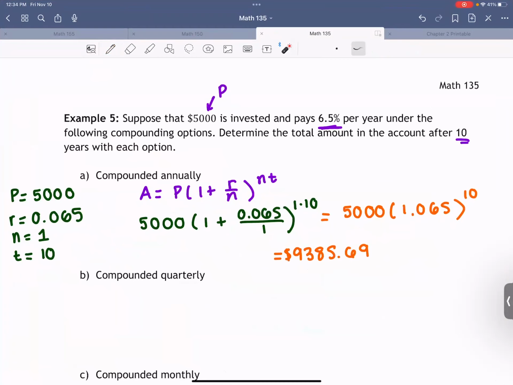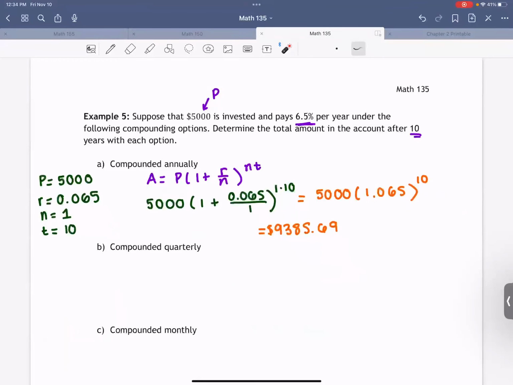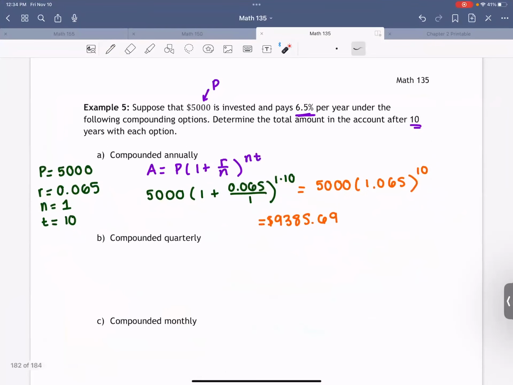So these problems seem kind of hard at first, but once you write down what each of the numbers are and you know the formula, you just plug into the formula and you get the number. Okay. Let's think about compounding quarterly. It's everything the same except now N is 4.